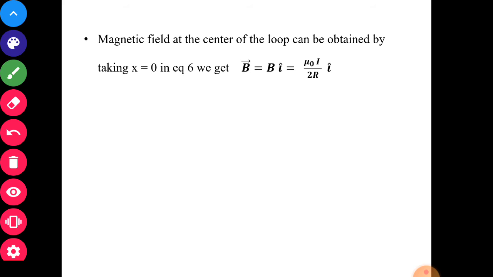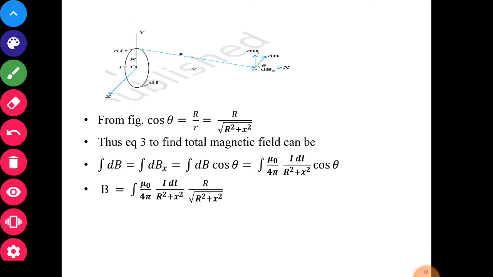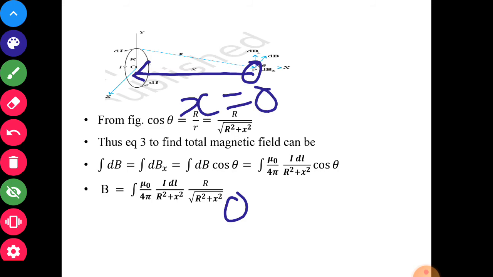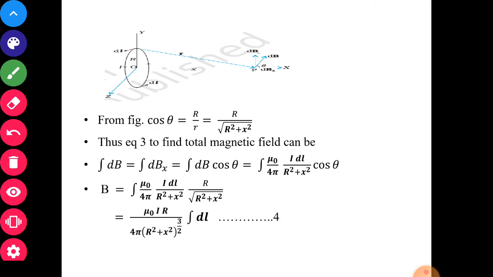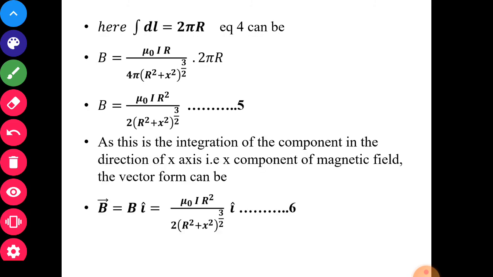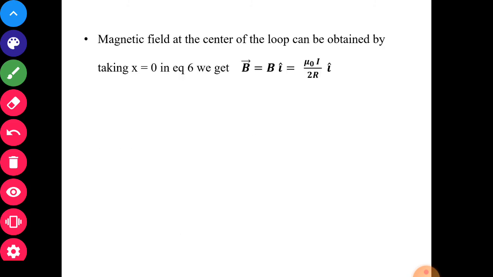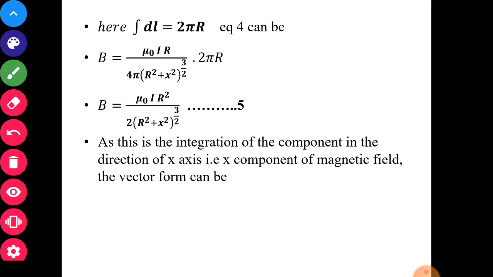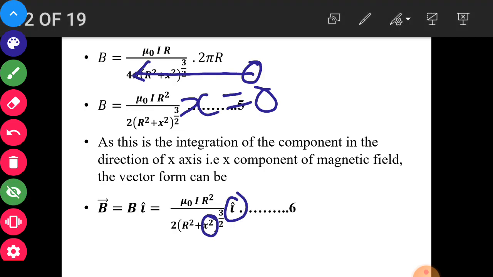Magnetic field at the center of the loop. Now if you want to find the magnetic field at the center, then when you come to the center, x becomes 0. Try to understand: if you bring this point P here at the center, then x becomes 0. So in the equation which we have derived, instead of x we have to write 0.